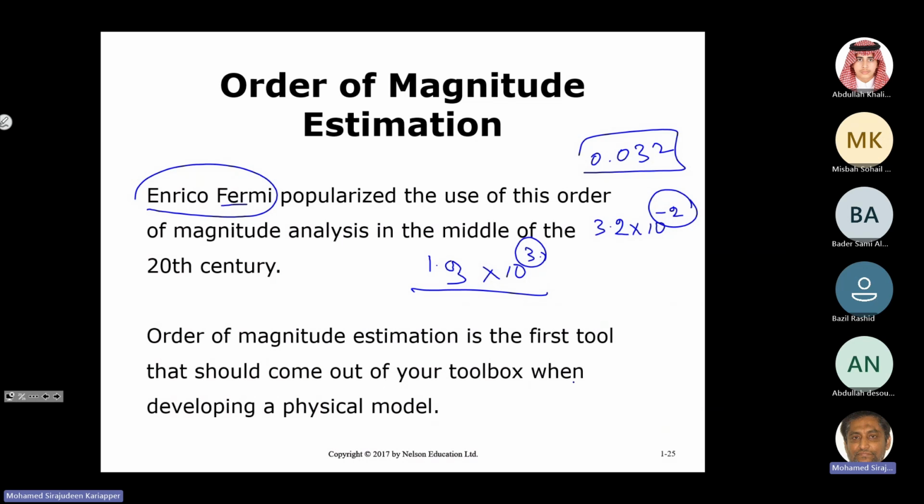One should be able to make a quick estimate: is it in the 10,000 meter cube or 1,000 meter cube? 1,000 meter cube means order is 3, 10,000 means order is 4. So you need to know only the order. That kind of quick calculation is not just sometimes, many times, a useful thing to do.